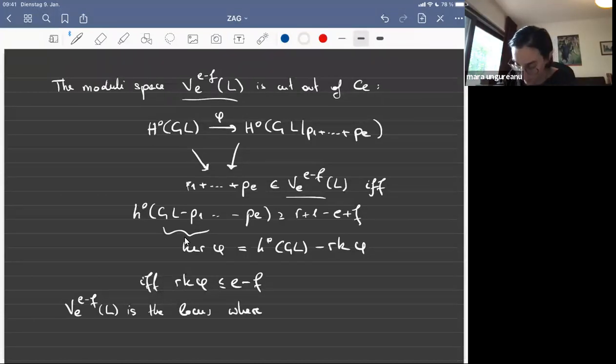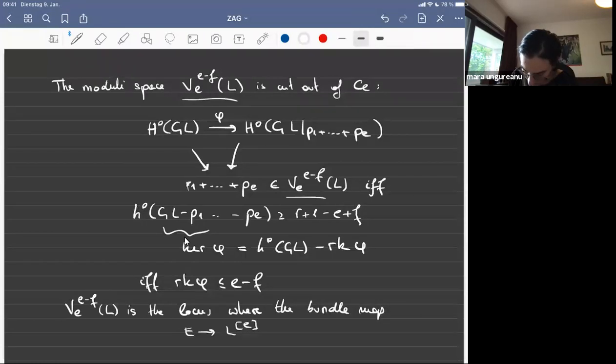where a certain bundle map that I'm going to explain in a second drops rank. So this guy has rank less or equal to E minus F. So what is this bundle?